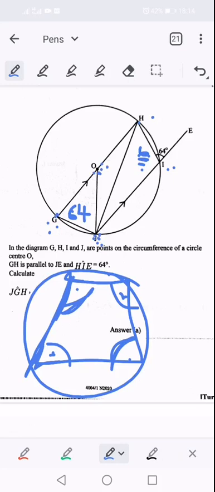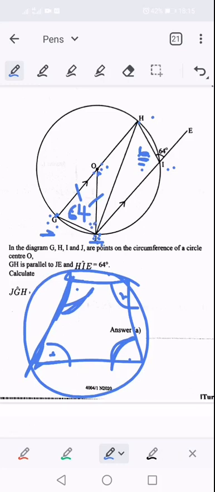In an isosceles triangle the base angles are equal, so this one is equal to this one, both 64.